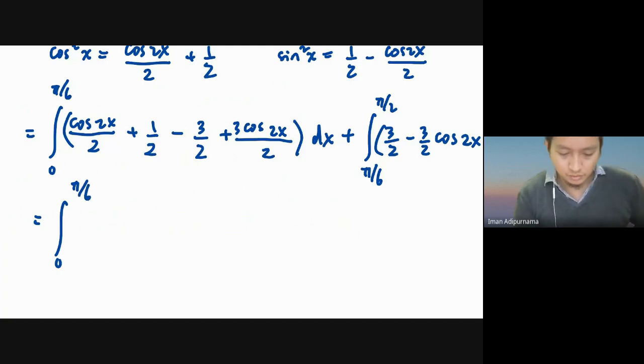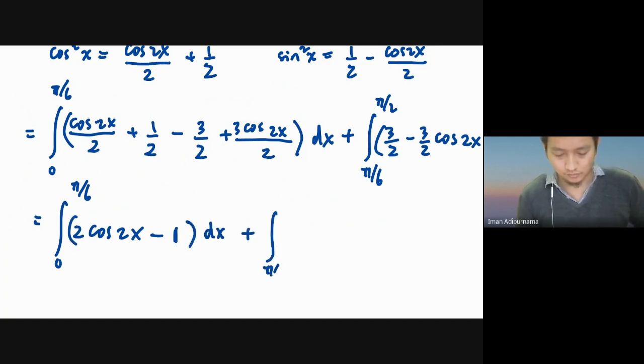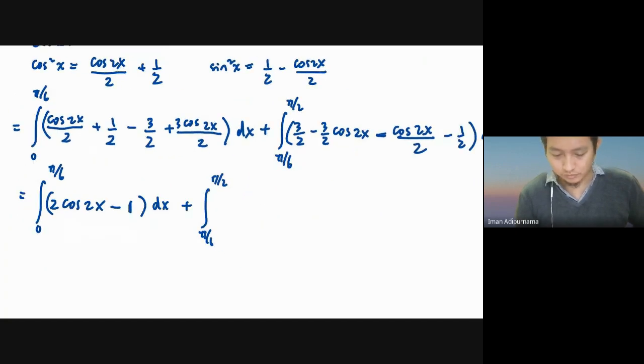Okay, so 4/2, so this is 2 cos 2x minus 1, right? This is 1 minus 2 cos 2x.